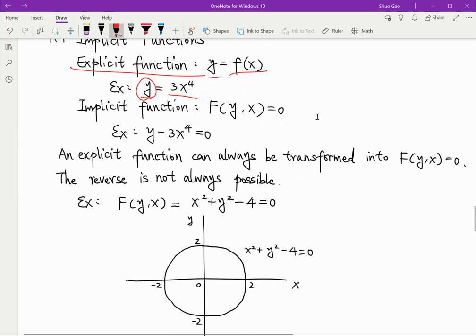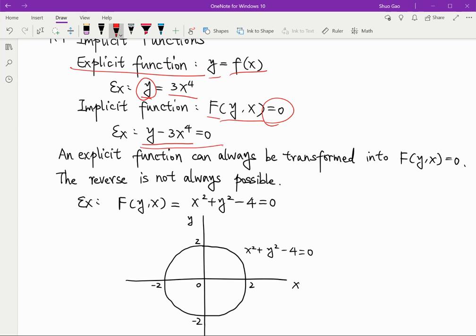Okay. So for an implicit function, we use an expression to denote it. The expression is the big F, which is an expression about y and x, and this equals 0. For example, if we move the 3x to the 4th to the left-hand side, we have y minus 3 times x to the 4th equals 0.